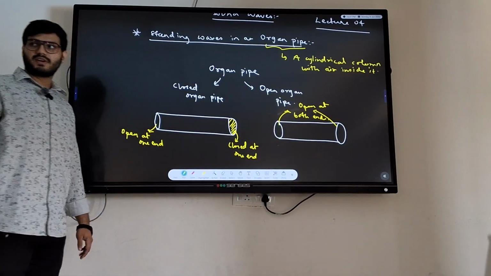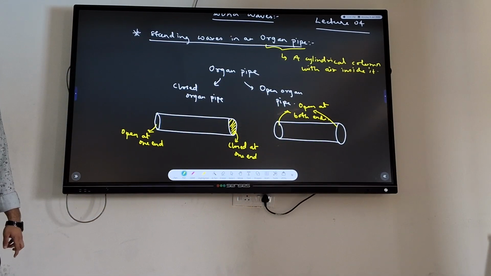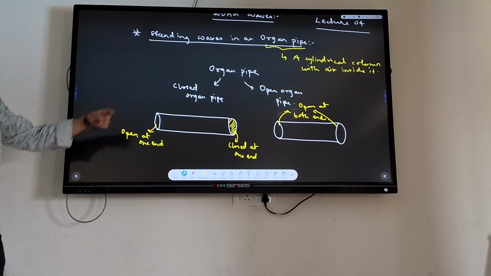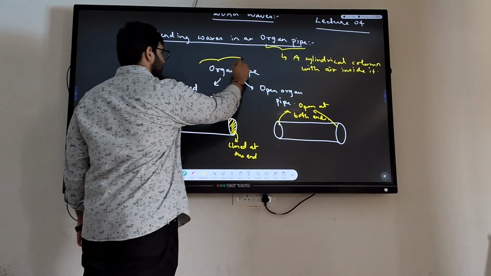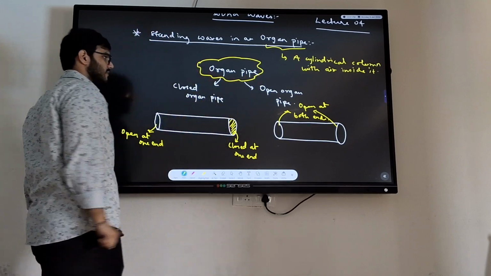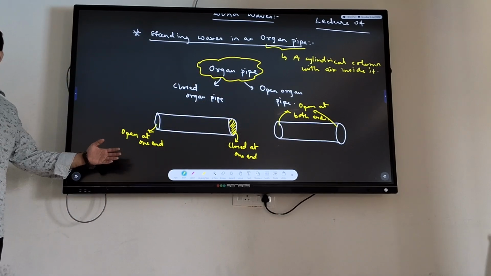We'll try to understand what happens to a sound wave which enters this kind of medium or this kind of structure. Okay? So have you written till here? Can I start with the discussion?